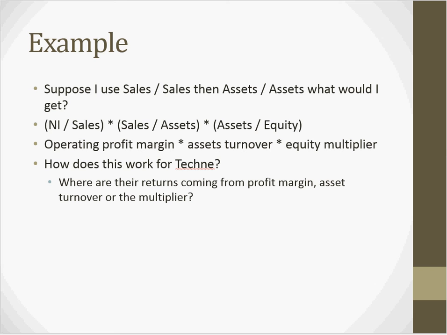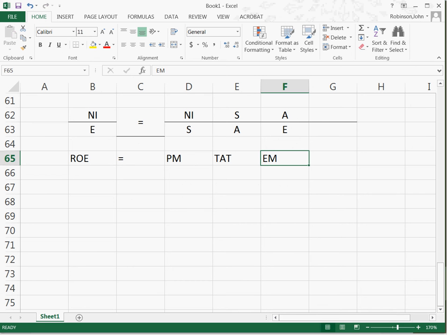So if we multiply those things together, we can get an estimate of the return on equity for Techni of 17, and their cost of capital was 11. So now we can see how Techni ends up being an economic value added company, and that their return to their shareholders is greater than the return their shareholders expect.